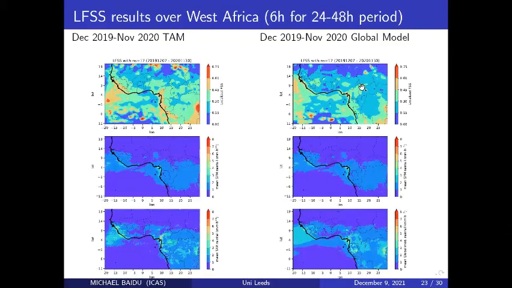And then what you see here is the global model. This comparison is done for the day 2 forecast instead of day 1, because like I mentioned, the day 1 forecast is mainly affected by the spin-up problem.